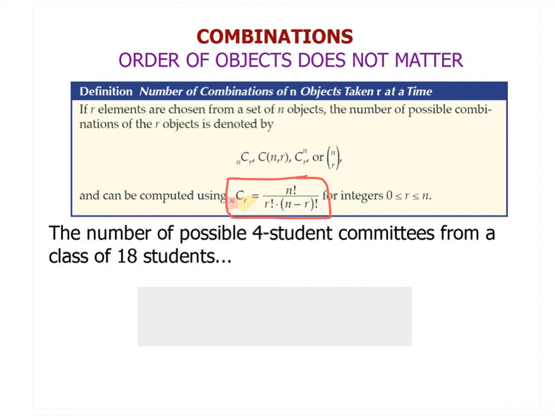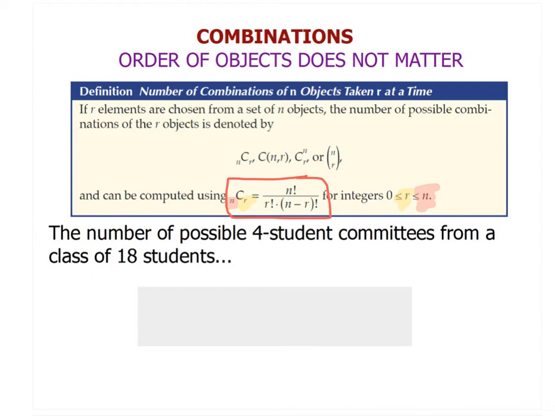So the n should be the largest number, and you can see that here the n is the largest number. The r is going to be less than the n. So you should always put the largest number first and then the smallest number. And this is the formula. But again, you can type it in on your calculator by going math, scroll over to probability, and then go down to the combination selection.